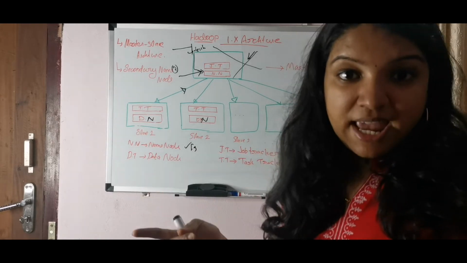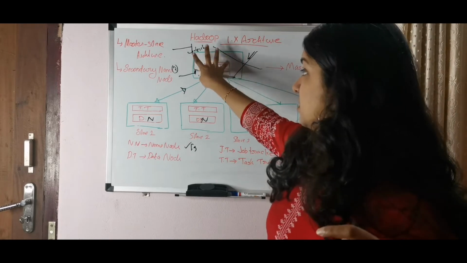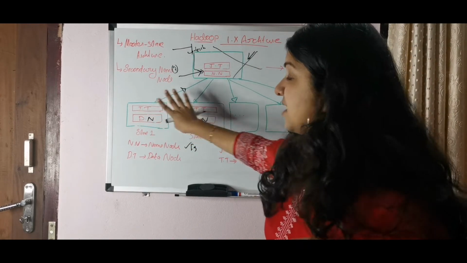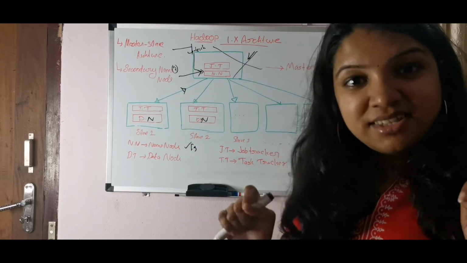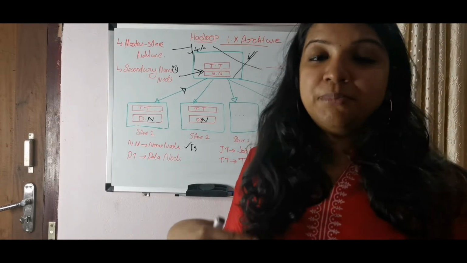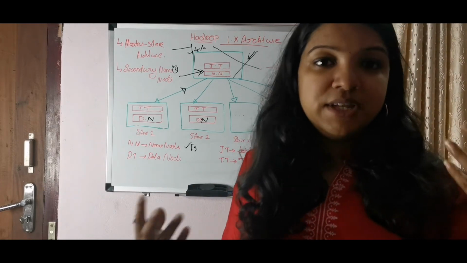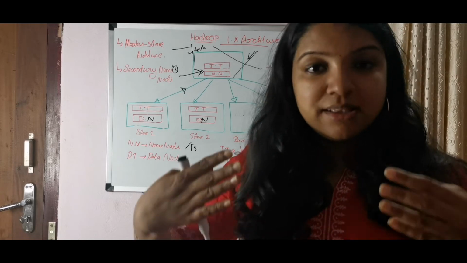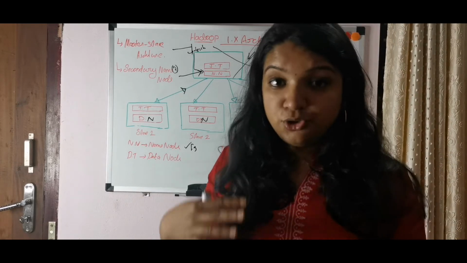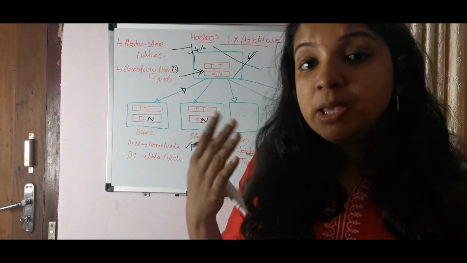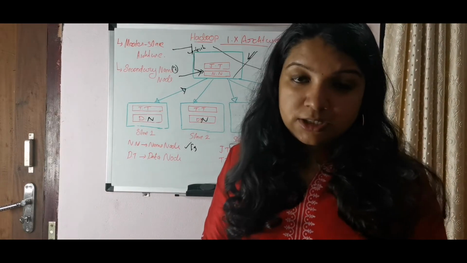That means if anything crashes in this portion, it will affect the entire system, right? In the older stage we could not address that, but in the newer version we updated it to overcome this. That is the reason we implemented the 2.x architecture.